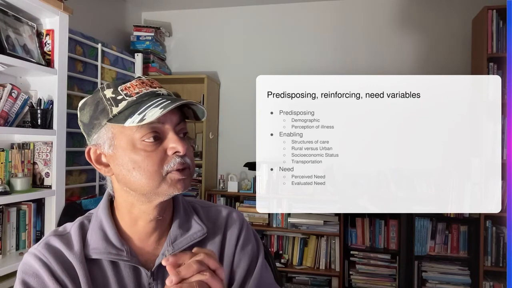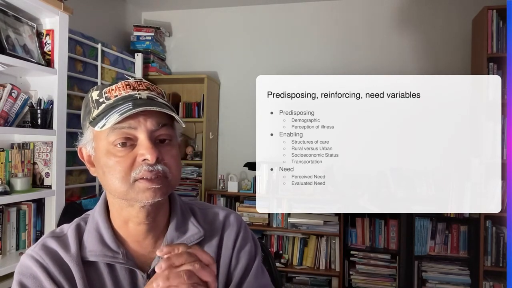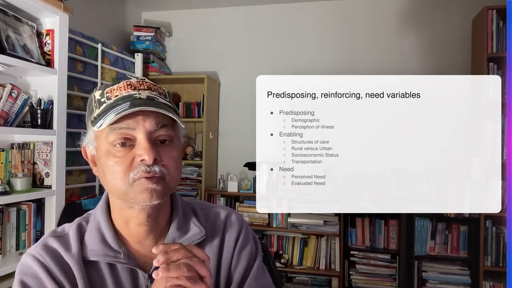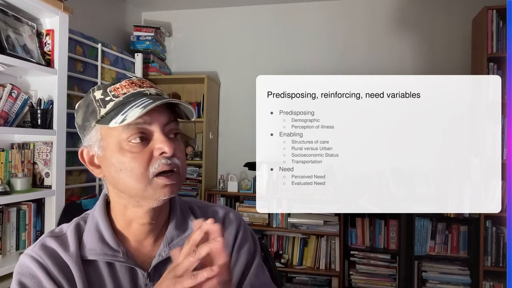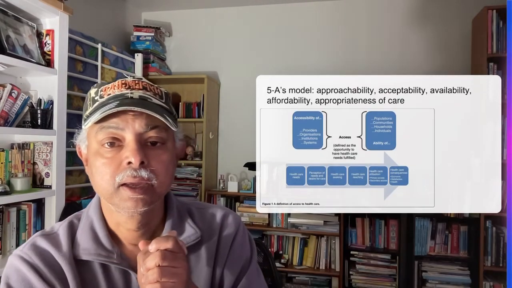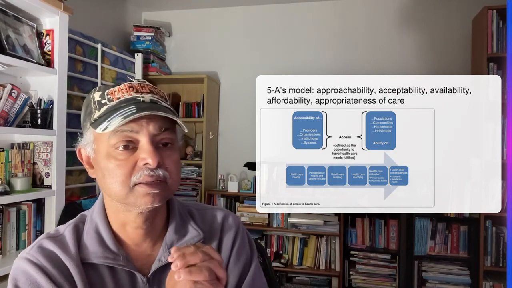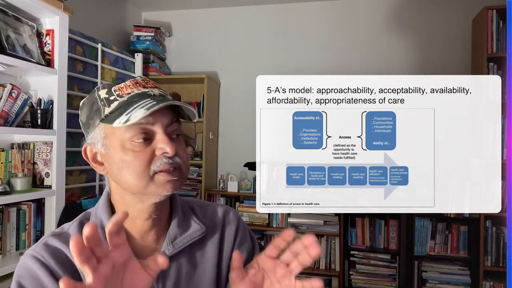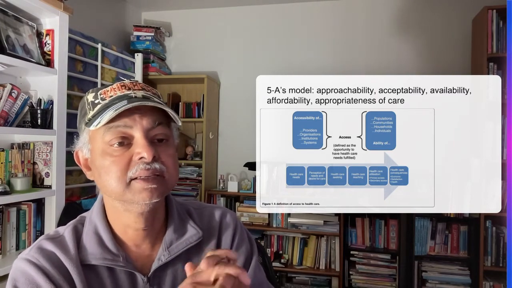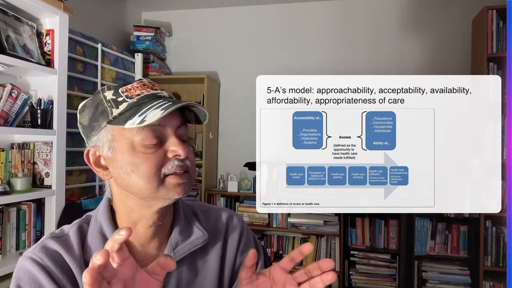Then there's need. Does a person feel that he needs to go and make care available, or is the need evaluated by a professional? So all of these things are very important in order to understand how access to care will take place. So that is one of the models, Anderson's model, and various studies conducted on Anderson's model eventually came up with the conclusion that need is a very important factor in how people would access health services.